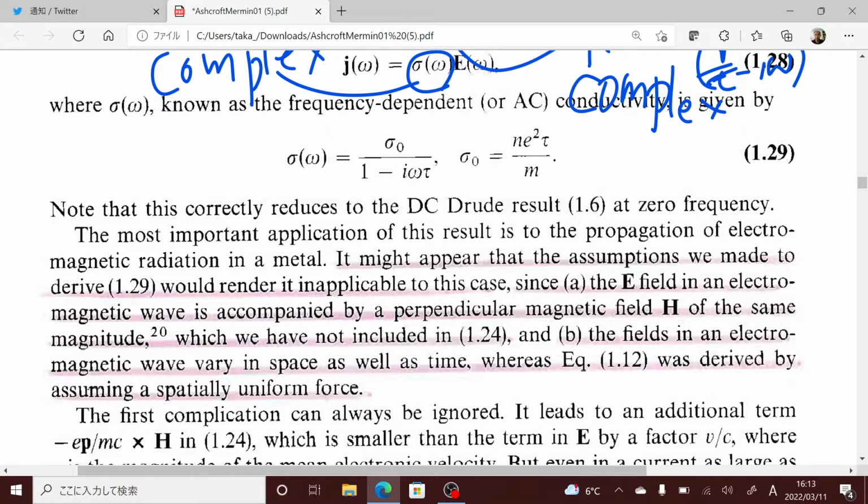The most important application of the result is to the propagation of electromagnetic radiation in a metal.